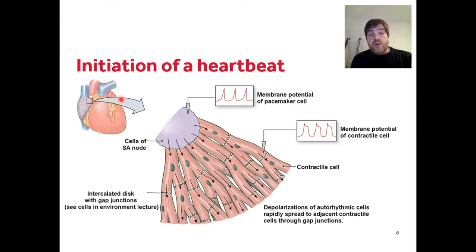So if we look in a bit more detail at the cells of the sinoatrial node, these cells are different to the surrounding cardiac muscle on the right atrium, and they generate action potentials in a rhythmic manner, and these action potentials of the pacemaker cells are shown in this picture here, and these action potentials move to the surrounding smooth muscle cells.